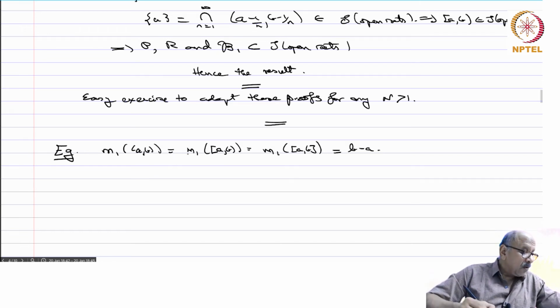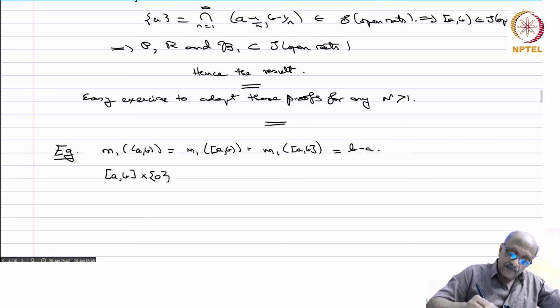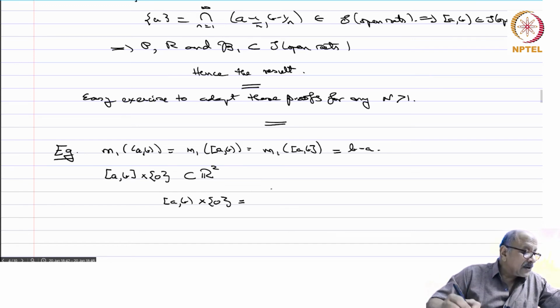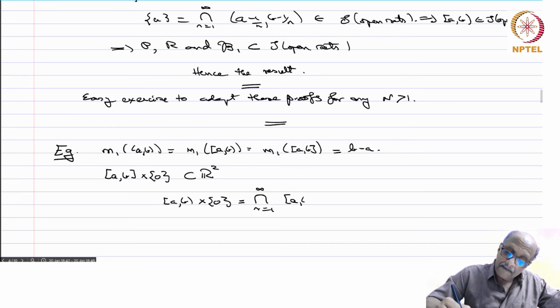Okay, now let us take [a, b] cross {0} contained in R^2. So [a, b] cross {0} can be written as the intersection, n equals 1 to infinity, of [a, b] cross [0, 1/n).